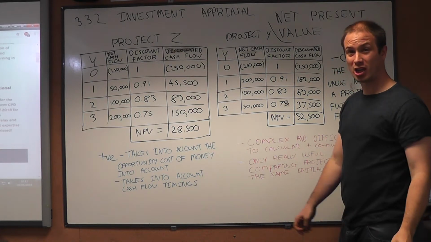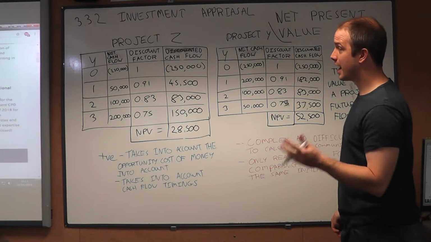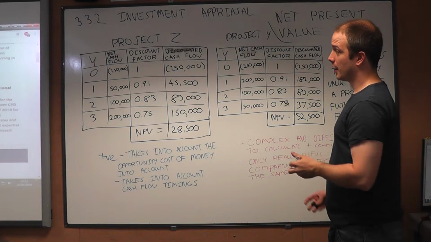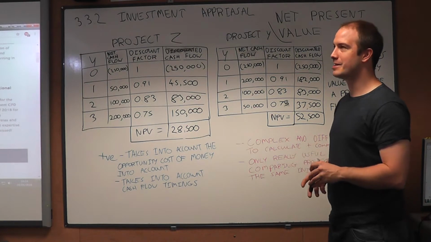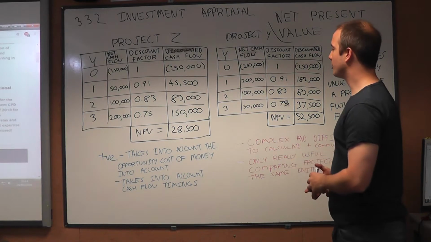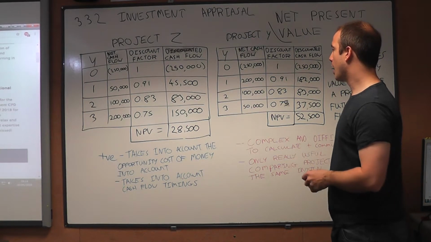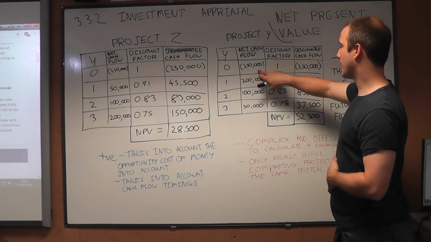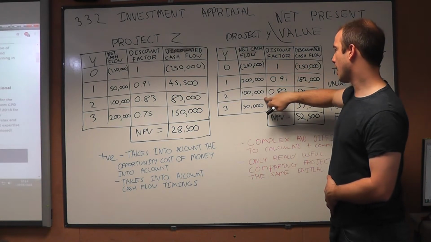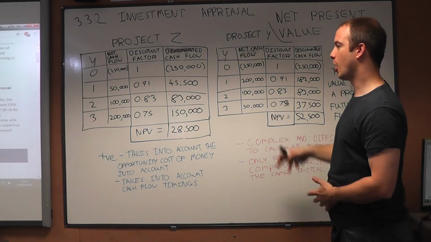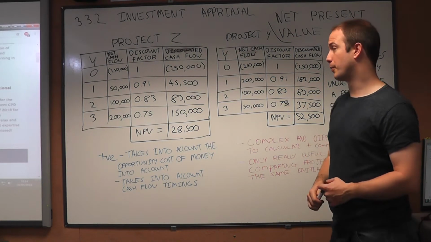Now, these projects have the same net cash flows. They're coming in at different years, but the nominal monetary values are the same. They're both paying out £250,000, and they're both receiving £350,000 over the lifetime of the project.